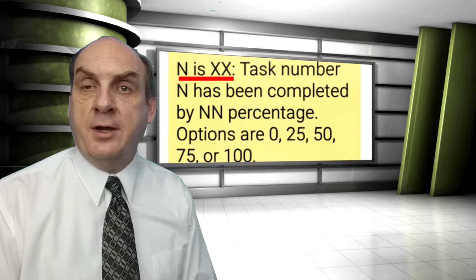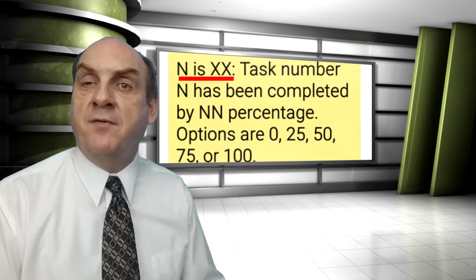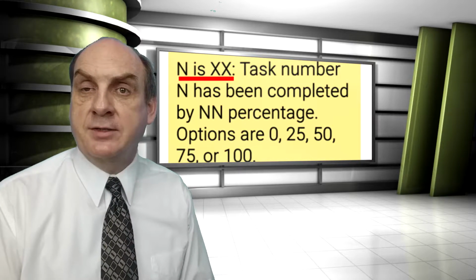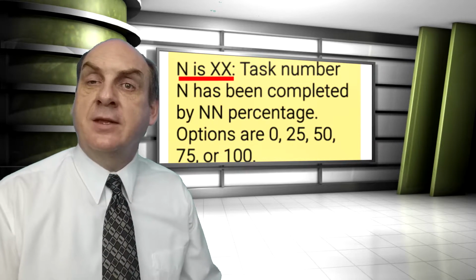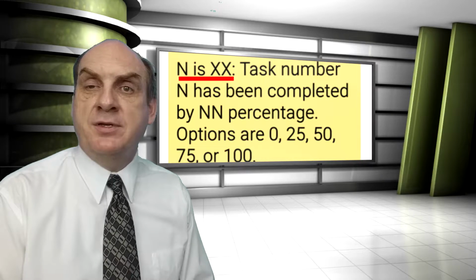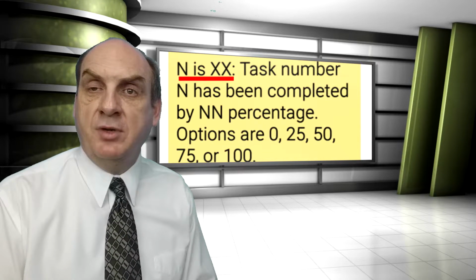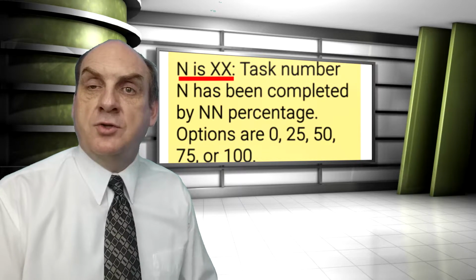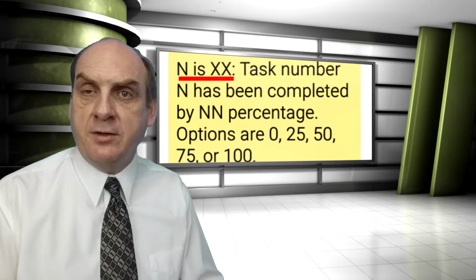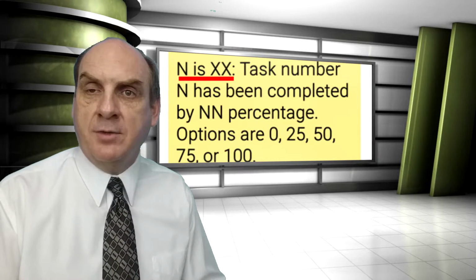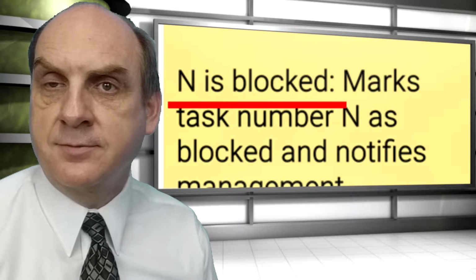That will show on the dashboard that your task is 25% in progress. If you type in 1 is 75, task number 1 will be represented at 75% completed on the dashboard. So you can show progress in a task, but you're not finished yet, in 25% increments with that command.